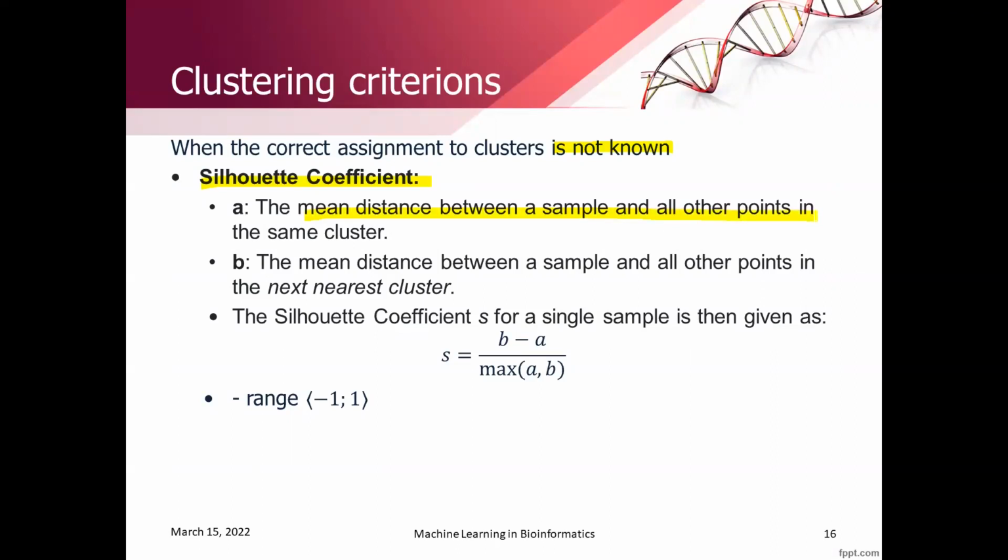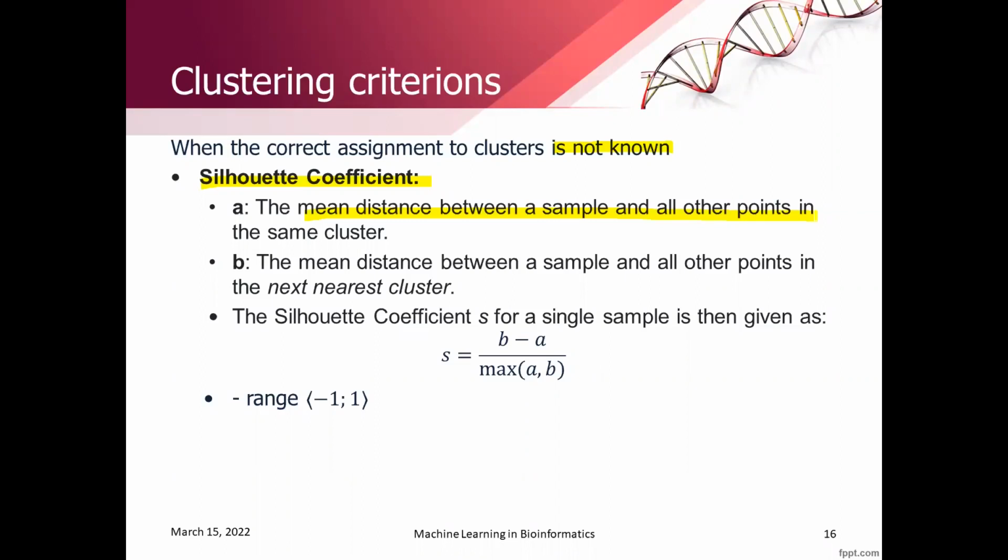Actually, the value boldface A should be computed for each sample, for each observation. So we take one observation and we see that the observation was assigned to some cluster, and we compute the mean distance between the sample and all other observations assigned to the same cluster.